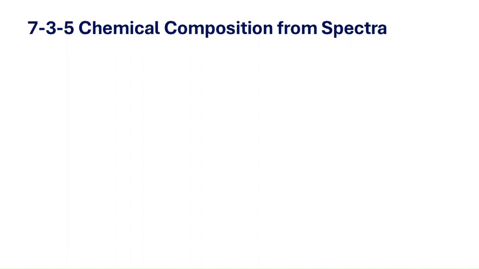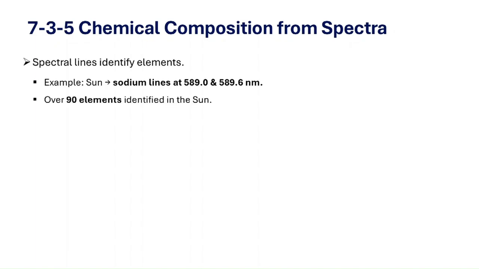For example, the sun's spectrum has dark lines at 589.0 and 589.6 nanometers. And only sodium atoms can absorb light at these wavelengths. So over 90 elements have been identified in the sun using this method. That's amazing. We can tell what stars are made of just by looking at light.